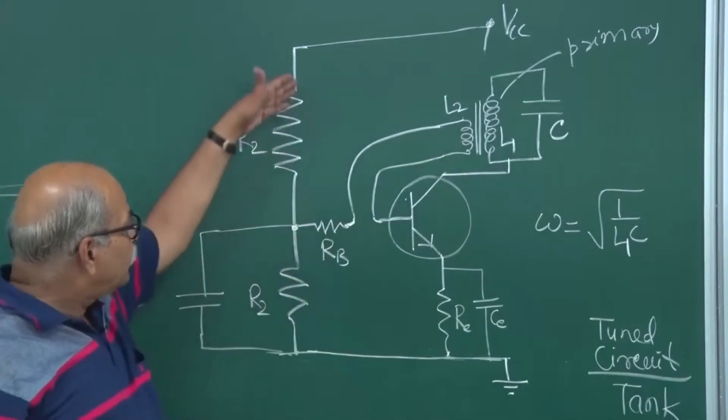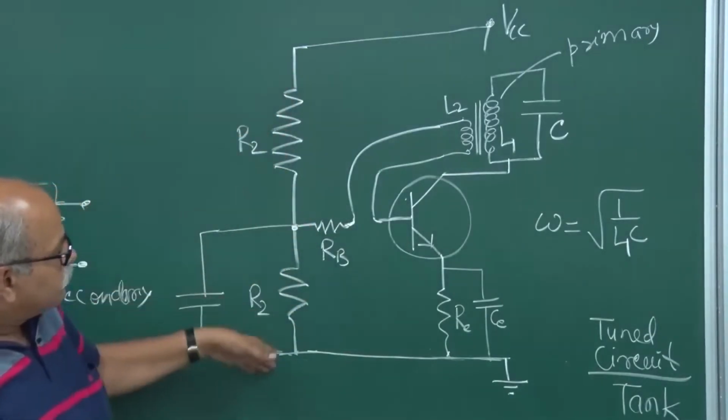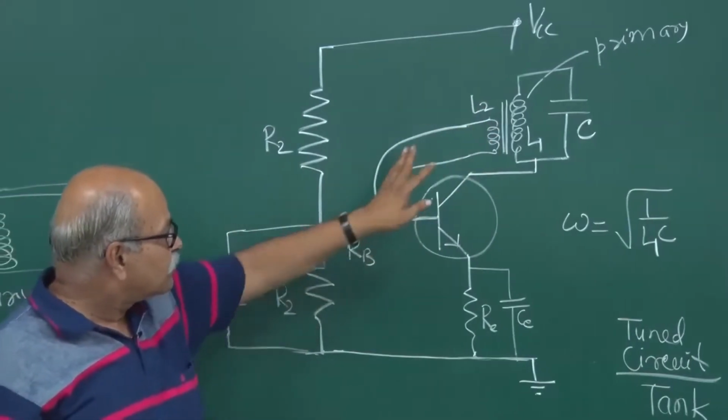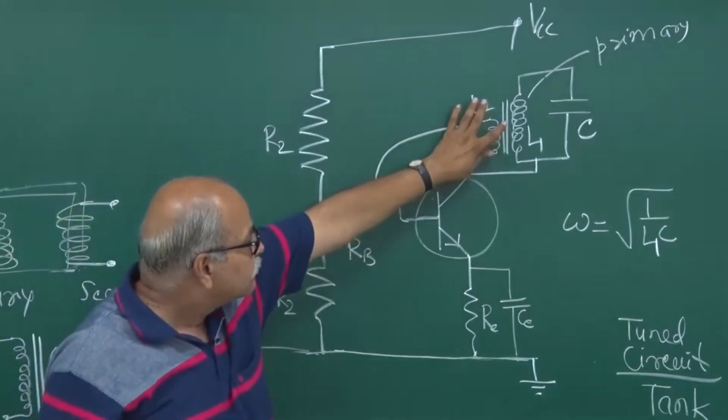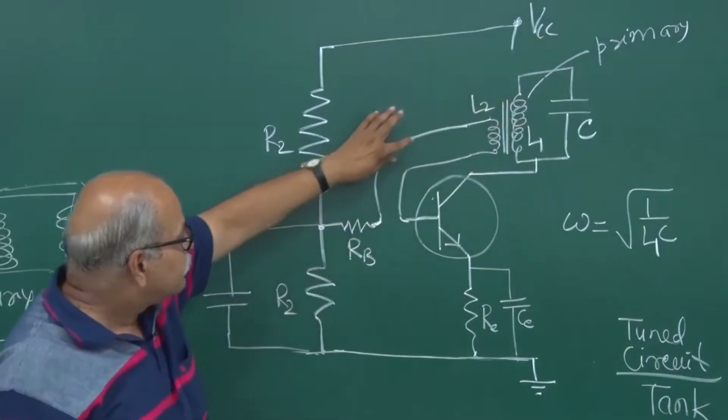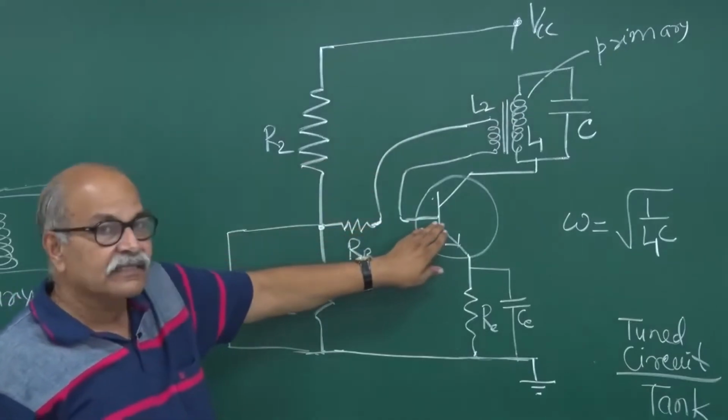So whatever was going through this biasing to the base, in the path we have connected this. So part of this output which is generated, this amplified signal, is taken into this base circuit.